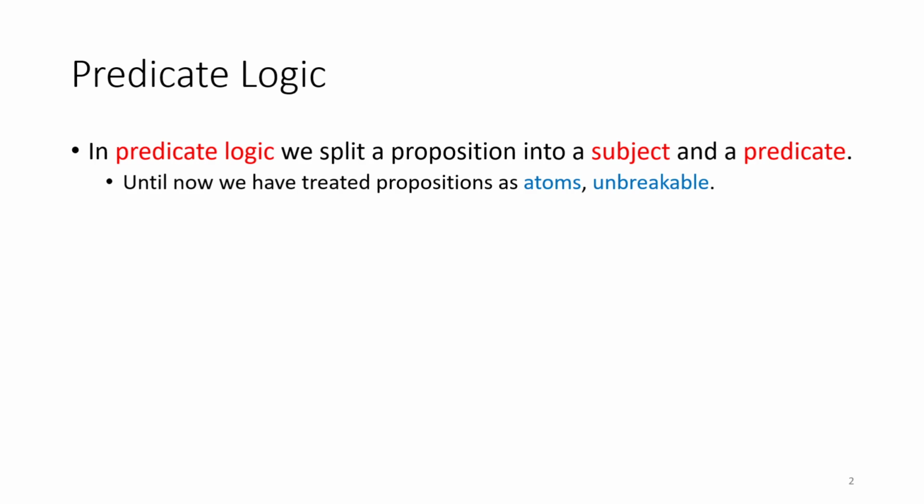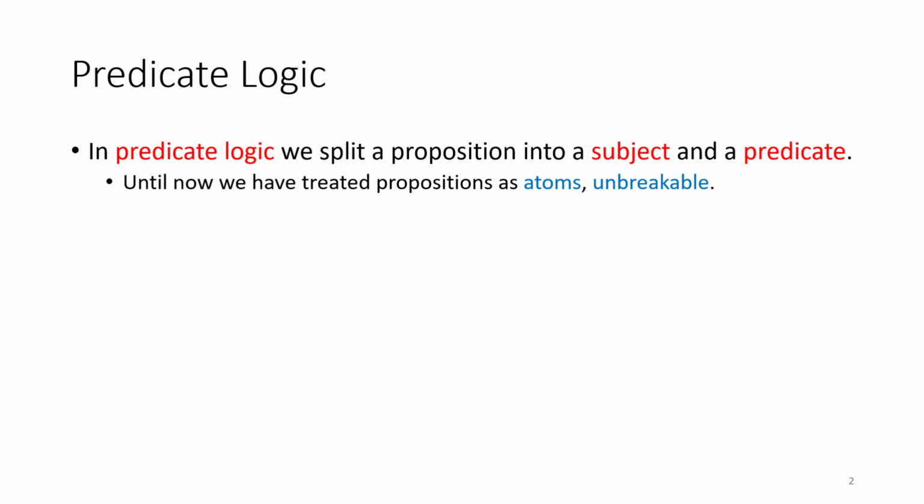And so we've probably already studied parts of speech where we know the difference between the subject and the predicate of a sentence. Well, we're going to bring that into the understanding of the subject and the predicate now of an assertion, a proposition. So again, up until now, we've been treating our propositions as atoms in the Greek meaning of that word, meaning indivisible or unbreakable.